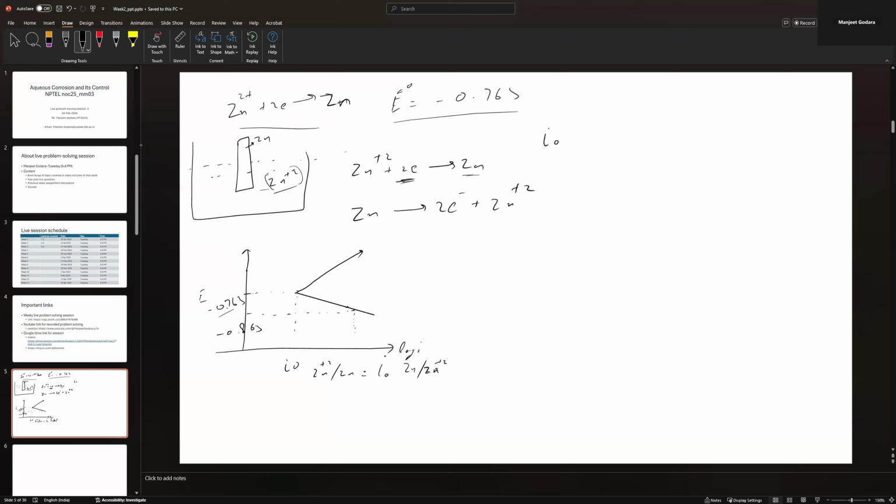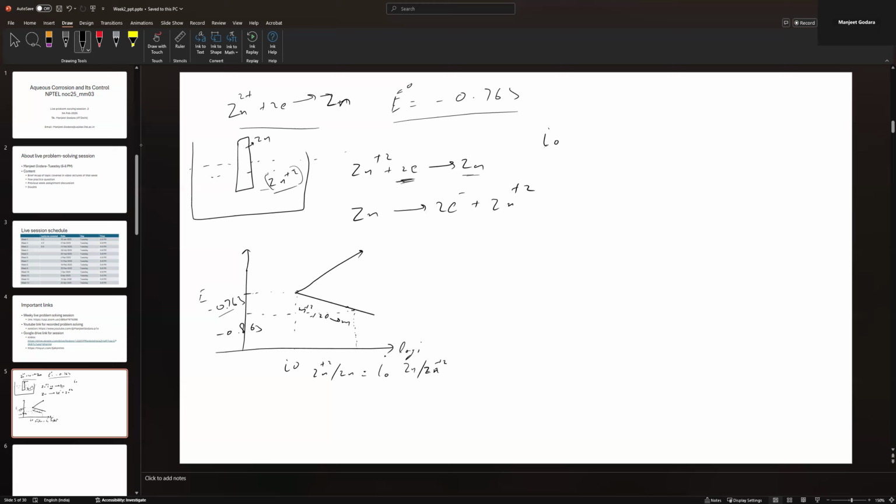Here you will get some current. At equilibrium, the rate of oxidation was equal to the rate of reduction. However, here now the reduction reaction is more favorable, so Zn2+ gets electrons and becomes metal.